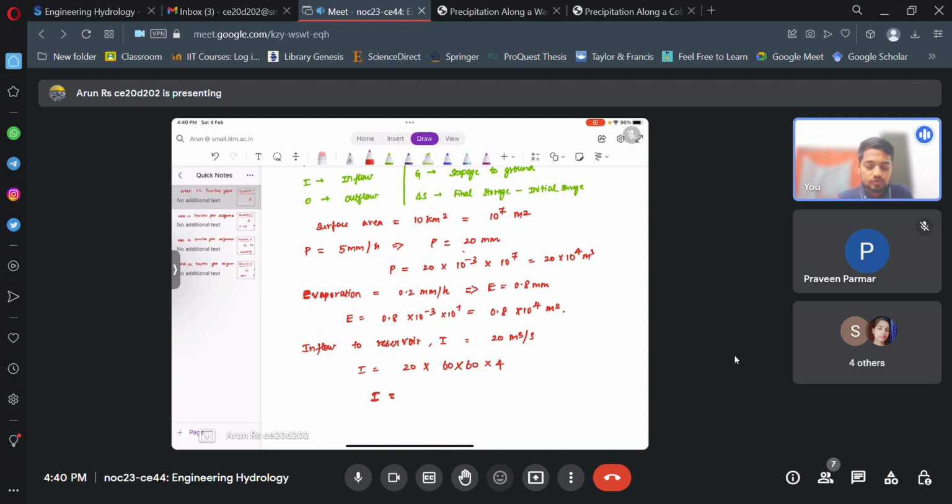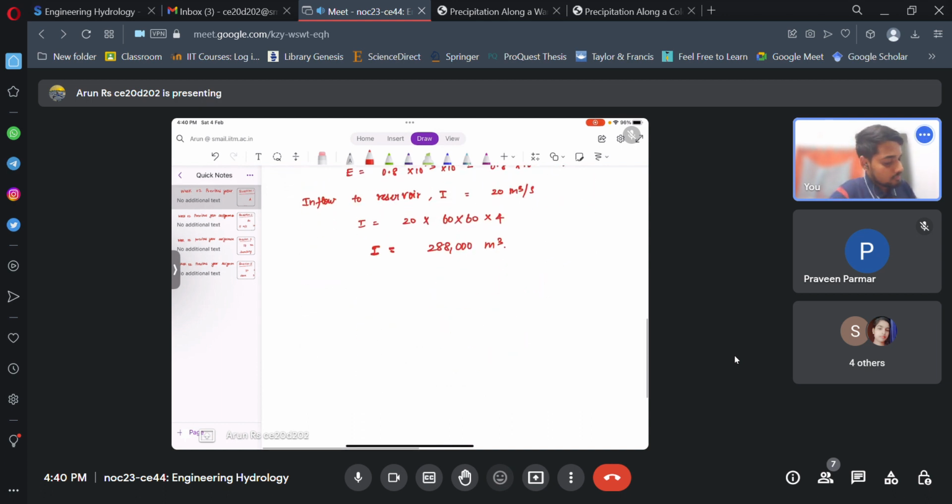So your inflow to the reservoir is this much meter cube. Similarly, the outflow from the reservoir is given as 25 meter cube per second. So your outflow from the reservoir is 25 into 60 into 60 into 4 hours.